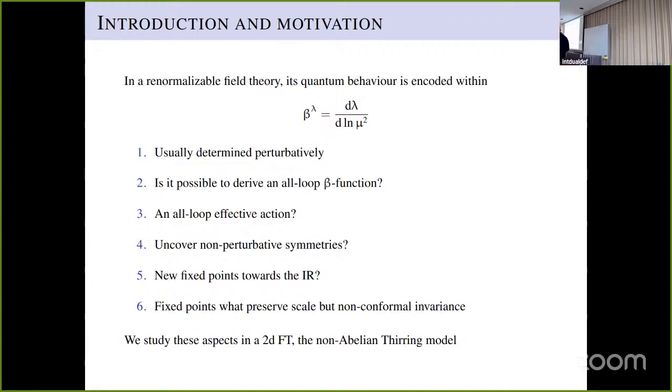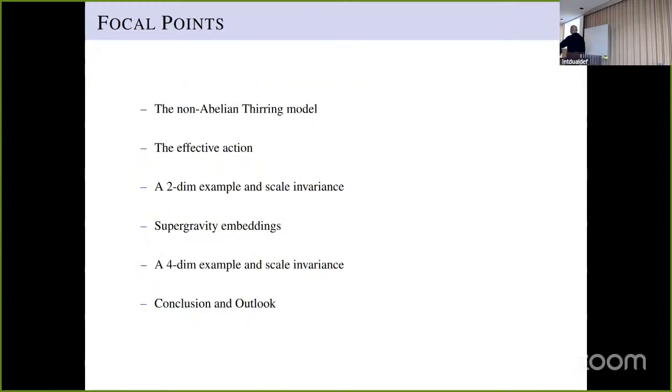We'll start with these simple aspects in a two-dimensional field theory, namely the non-abelian T-dual model. So the main points of this talk: first I'm going to introduce the model, then its effective action.